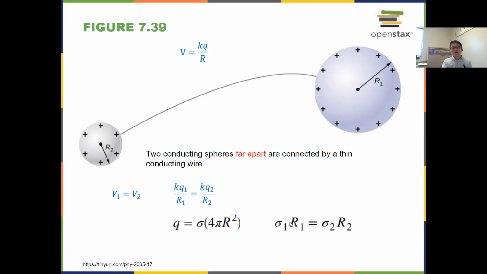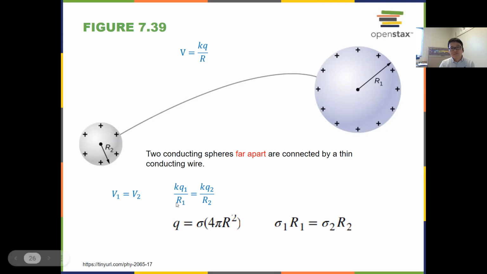Q1 will be sigma 1 4 pi R1 squared, and Q2 will be sigma 2 4 pi R2 squared. Plug into this equation, and you get K sigma 1 4 pi R1 squared on the left-hand side.